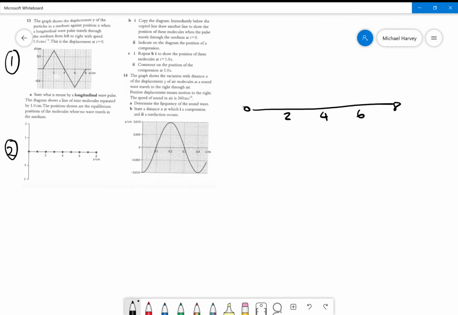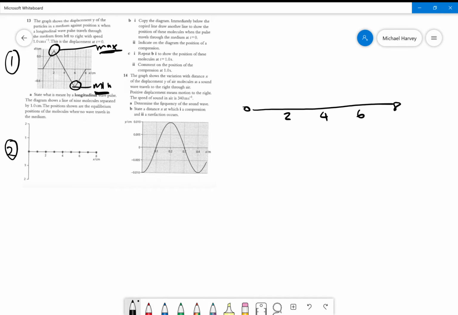What we've got here is when the pressure starts to become maximum and the pressure starts to become a minimum. So it's basically the start. Here is the start of a compression, and here is the beginning of a rarefaction.